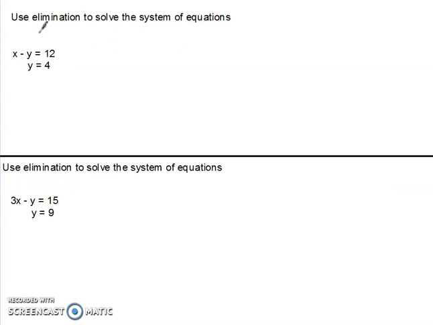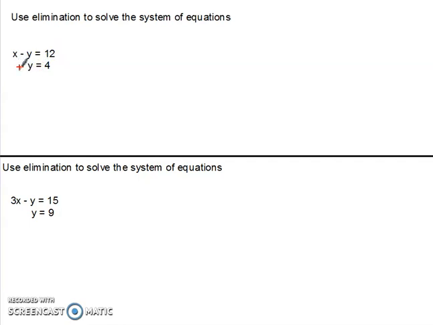So for example, in this system of equations here, my first equation is x minus y is 12, and the second one is y is 4. What I can do, since the y and the 4 are the exact same thing, I can add the y to the left, and I can add the 4 to the right. Since they are equal, I'm allowed to add them to both sides.